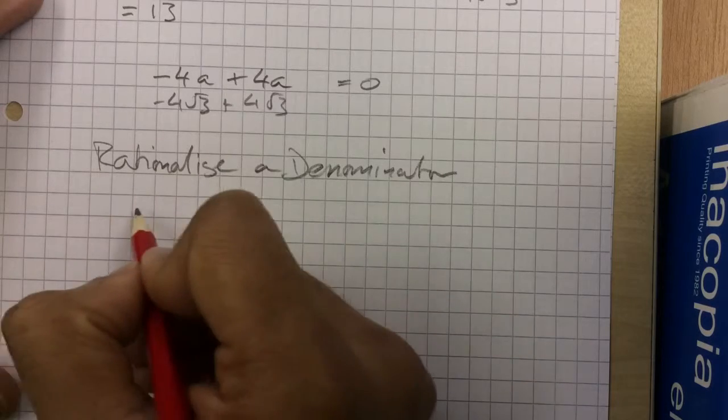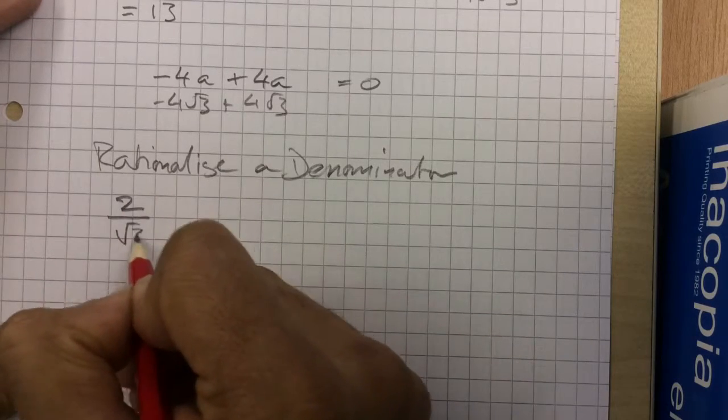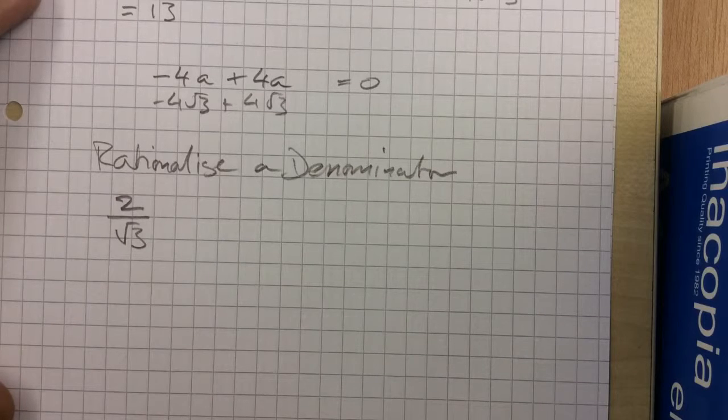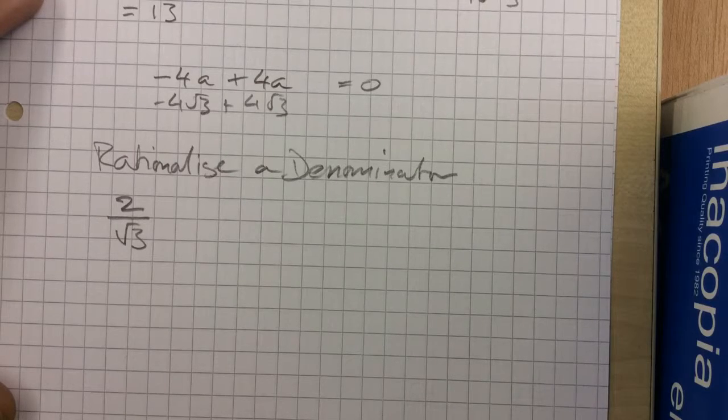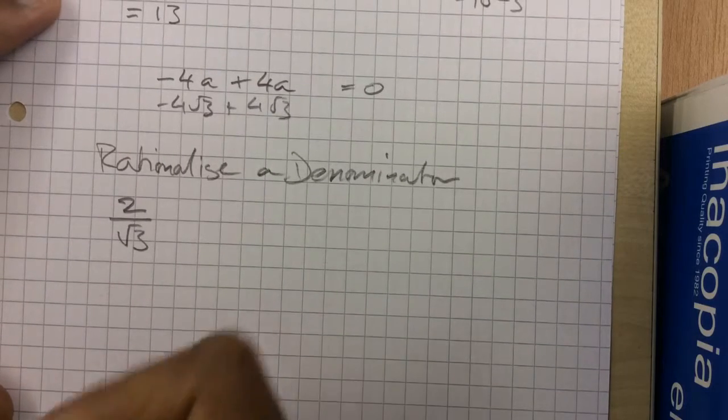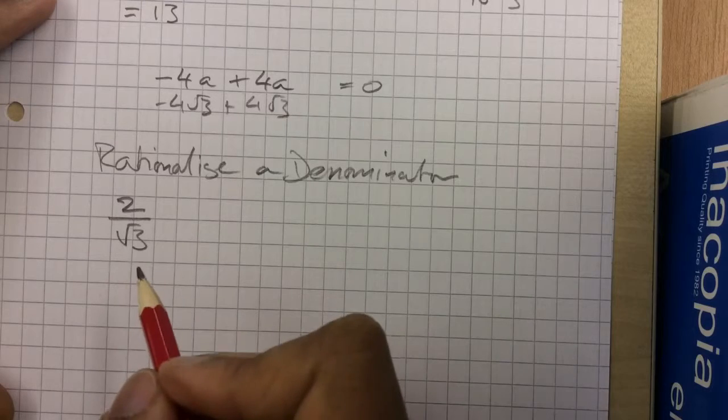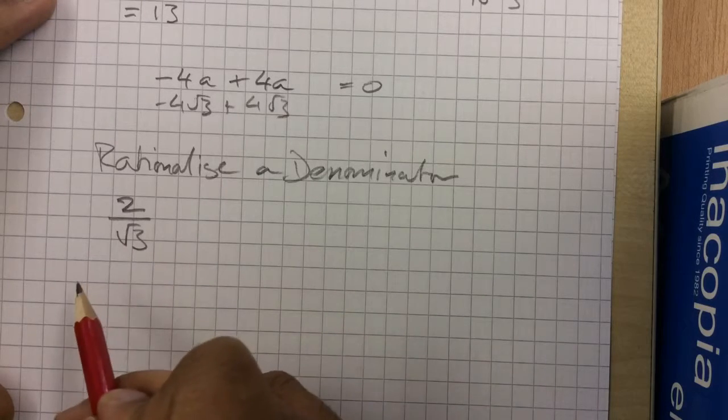So if we look at something like this, 2 divided by root 3, that's not very pleasant to work with. It's much, much easier to work with a fraction if the denominator is rational. So we can't have root 3 there.